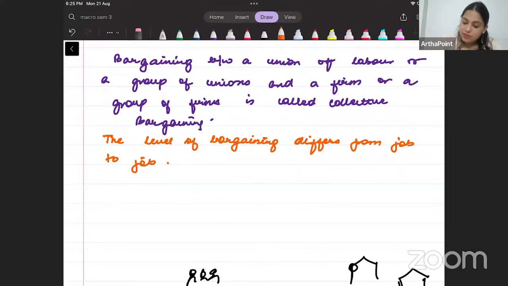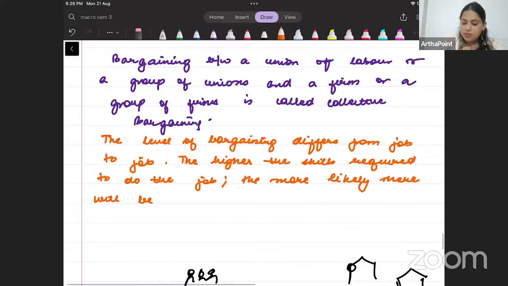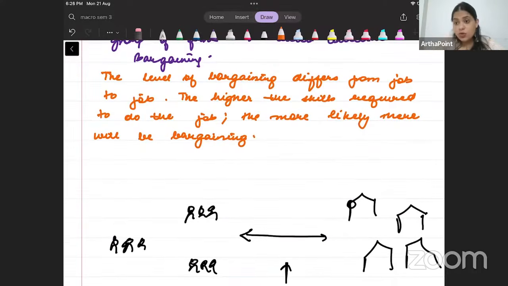Okay, so please write down the higher the skills required to do the job, the more likely there will be bargaining. So if you require more skills, just a CEO ka job, then he can command any wage, right?